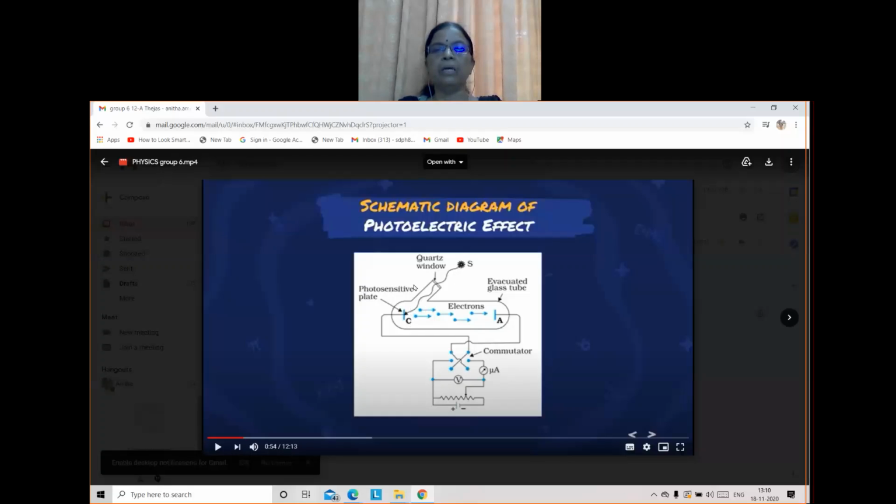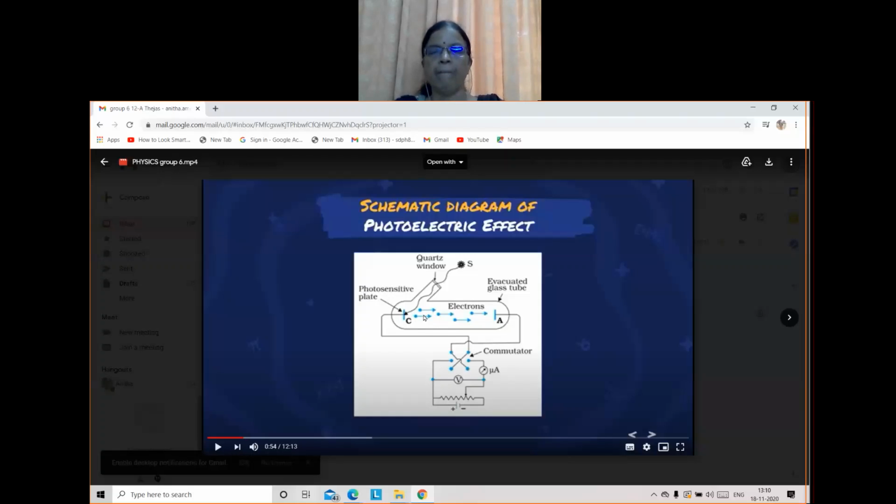For a metal plate, it requires a definite amount of energy to eject an electron from its surface. The minimum energy required for a metal to eject an electron from its surface is known as the work function of the metal. So what is work function?